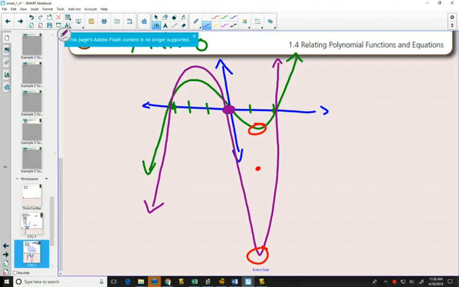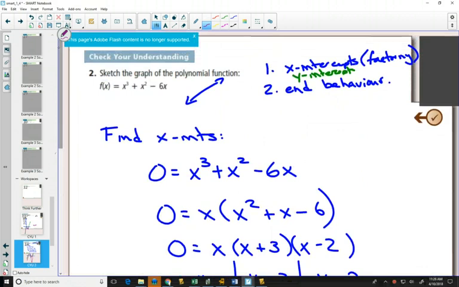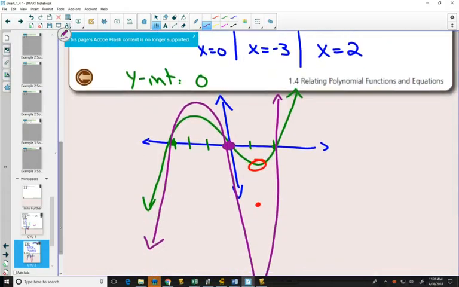For example, if I want to figure out where it goes through when x is equal to 1, I can go to my original equation and ask, what happens when I plug in 1? I'd get 1 plus 1 minus 6, which is negative 4. So if I mark on my axis 1, 2, 3, 4, that's where that point should go through. That being said, we still don't know for sure if that's the minimum.